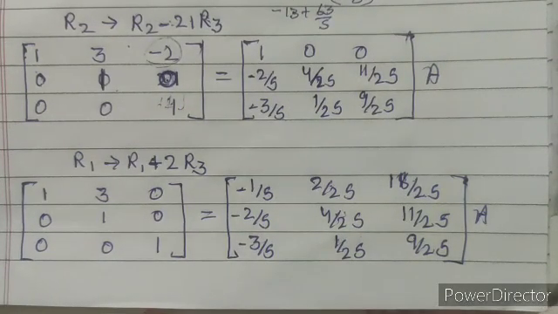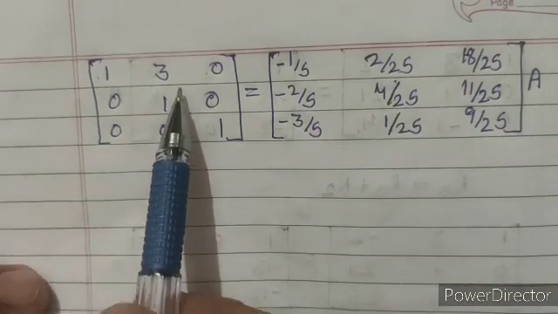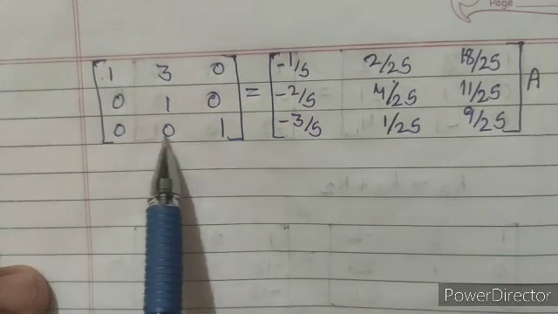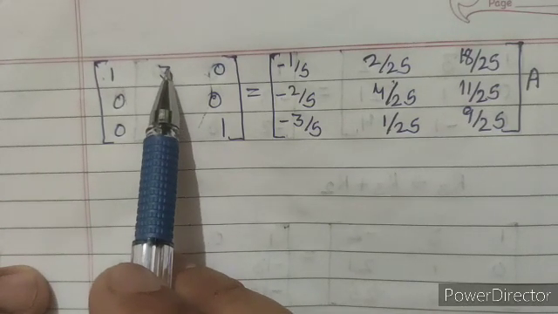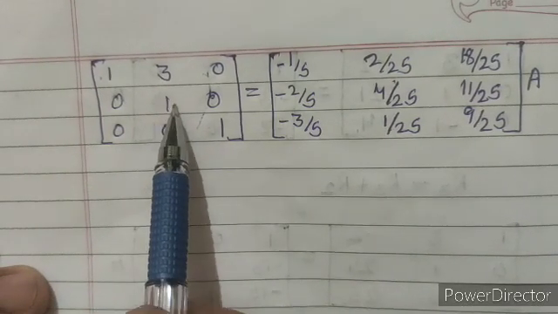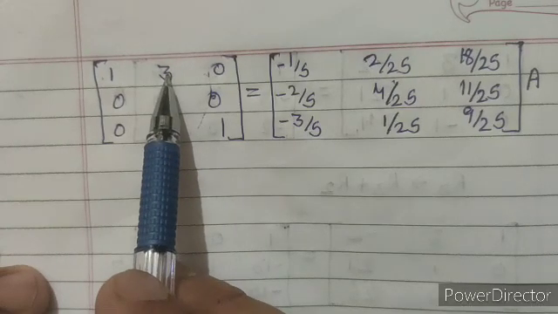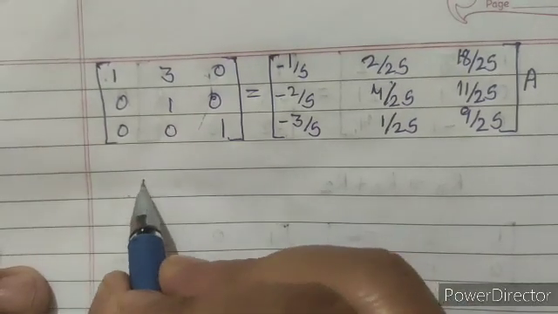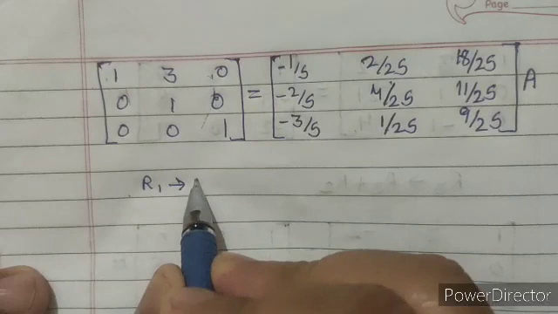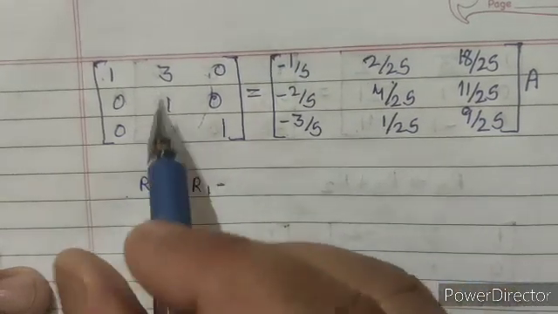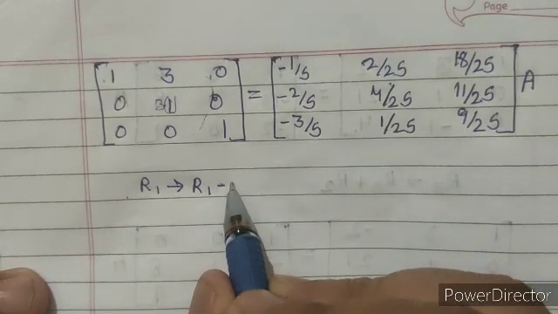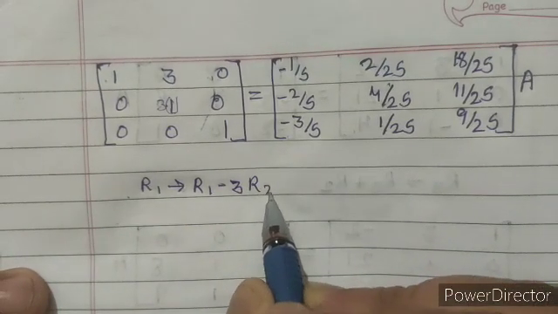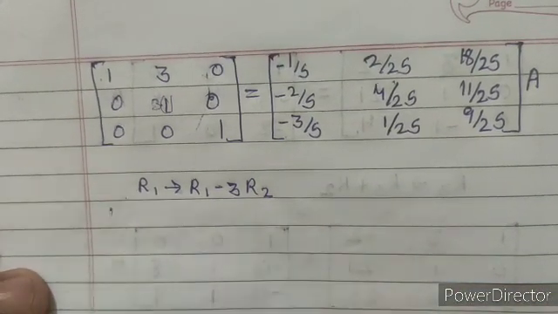the same. Now in order to convert this into identity matrix, we need 0 in place of 3. 3 minus 3 will be equal to 0. That means we have to apply row 1 change to row 1 minus 3 into row 2, as 3 into 1 will be 3.